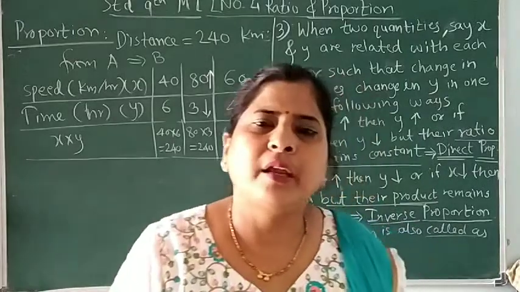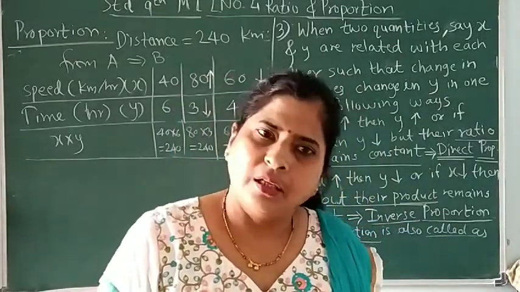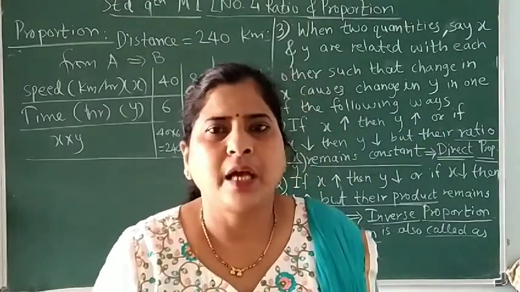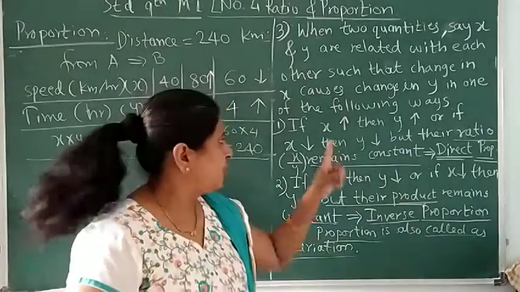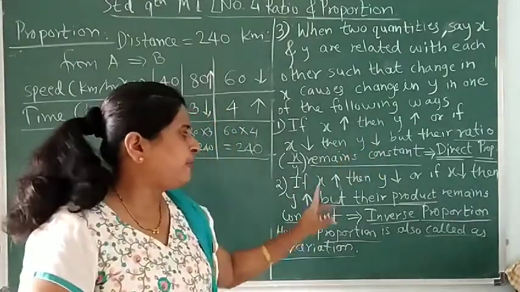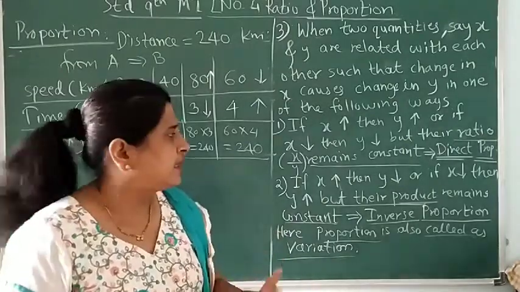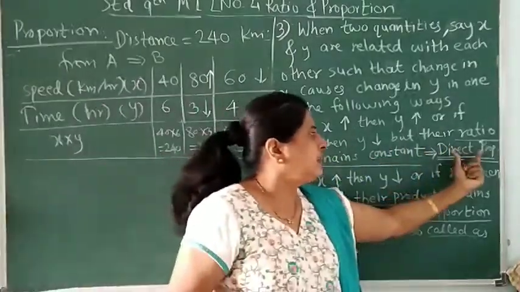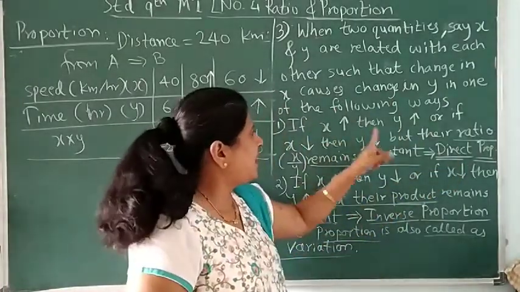We can say direct and inverse. So when 2 quantities are related with each other, they are in proportion, either direct or inverse, subject to either their ratio being constant or their product being constant. Vice versa, if I tell you that these 2 quantities are in direct proportion, then their ratio is constant.